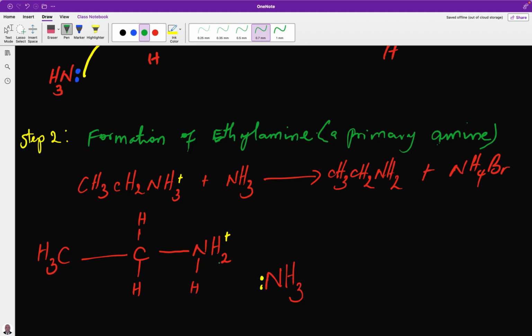As the ammonia is attacking this positive charge here, the bonding electrons on the nitrogen-hydrogen bond are pulled towards the nitrogen.